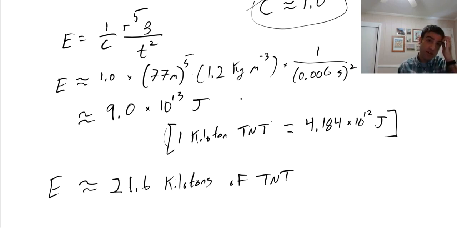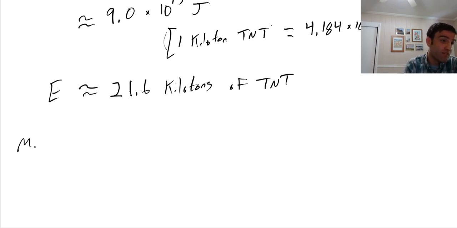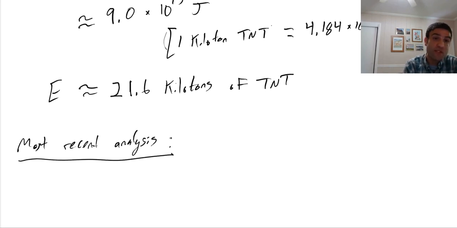And then just like in our other estimation problems, we go back and say, well, how does that compare to what we know about the world, or anything else? In this case, you can look at the most recent analysis. What's the official answer to this question?